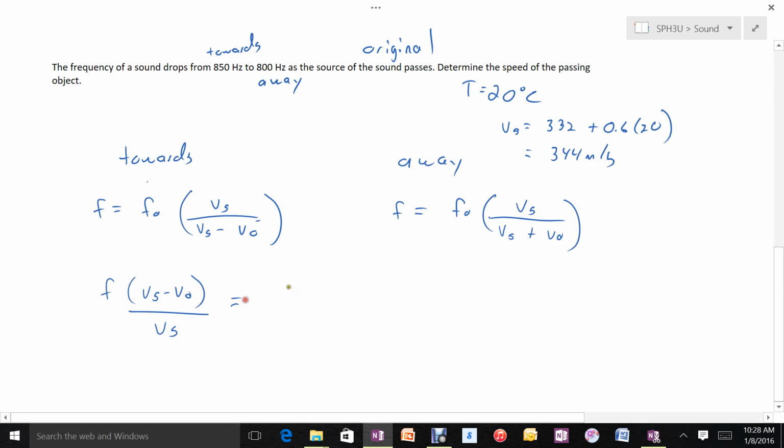So, moving the fraction over like that, and similarly, I'm going to call this F towards and F away so that I can keep them straight.